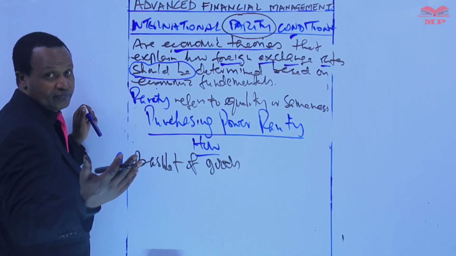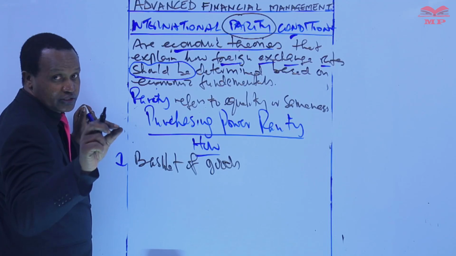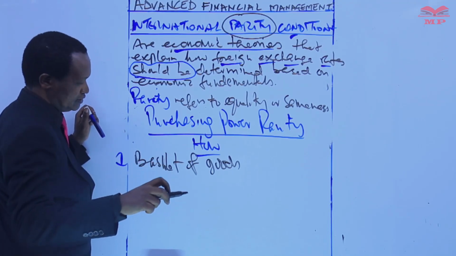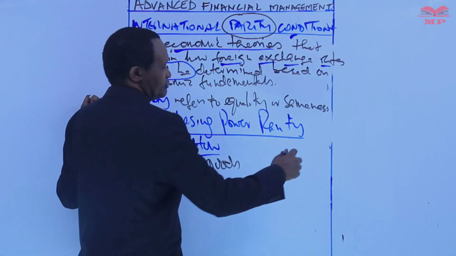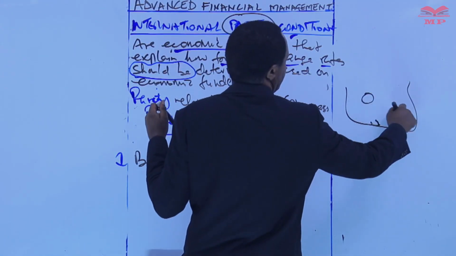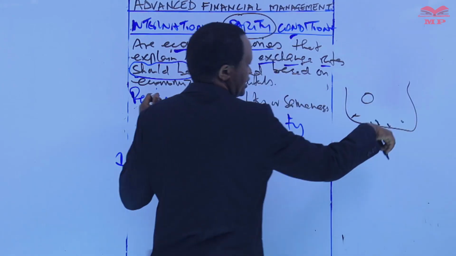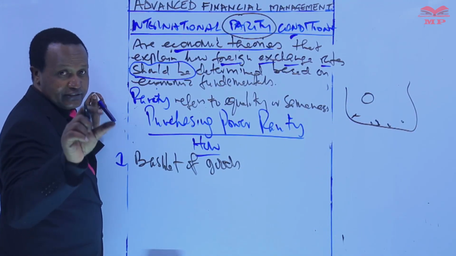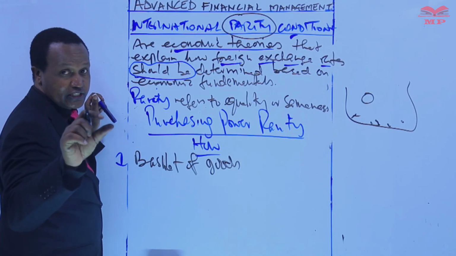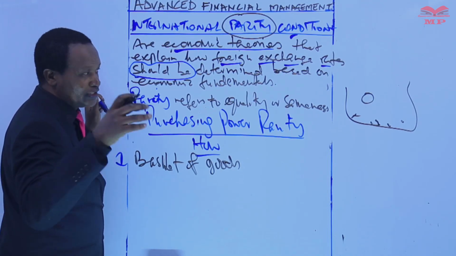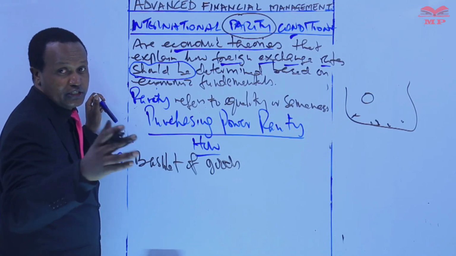So a representative bucket of goods and services, a basket. So there are goods inside here, including airtime. A representative basket of goods or services is selected that is commonly consumed. These are goods that are commonly consumed in both countries.